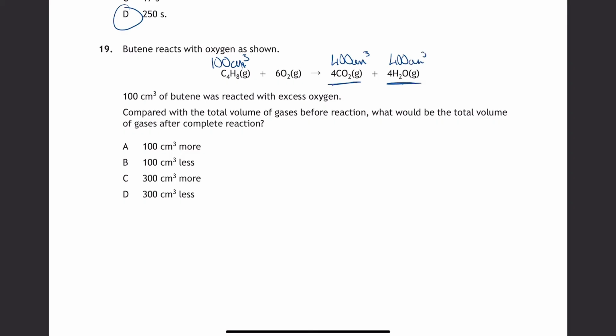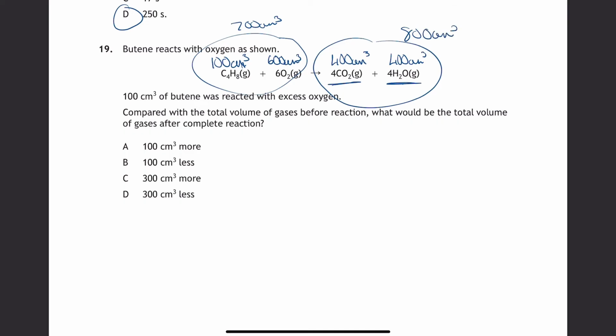To react all the butene, we're going to need 600 centimetres cubed of oxygen. So our total volume of gas we're going to use up on the reactant side is 700 centimetres cubed. The total amount we're going to produce is 800 centimetres cubed. So the difference between them is 100. We're going to end up with 100 centimetres cubed more of gas.